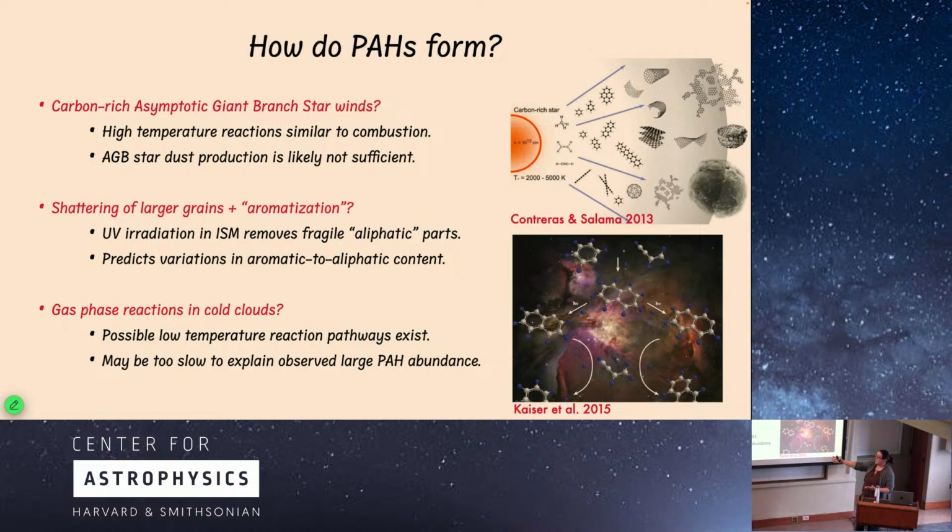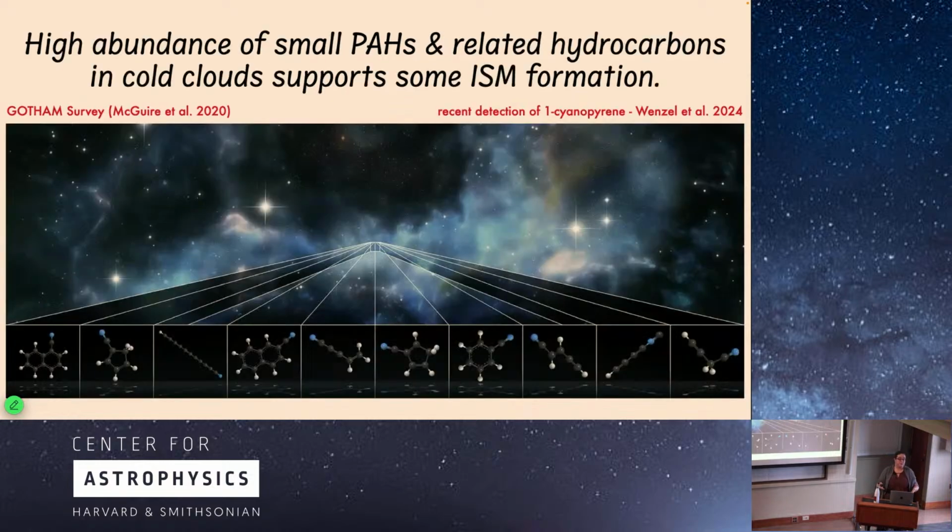Another that's really exciting, and this is more recent, and your friends down the road at MIT, Brett McGuire and his team have done a lot of work on this, is showing that there are possibly gas phase pathways for forming PAHs in molecular clouds, and they have gone on to detect many PAH-like precursor molecules at very high abundance in cold clouds, at an abundance that can't be explained by typical routes and may suggest much more efficient ways to form PAHs in the ISM.